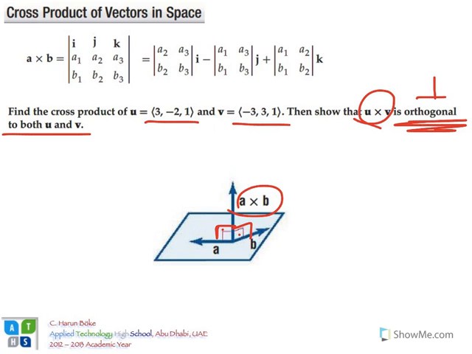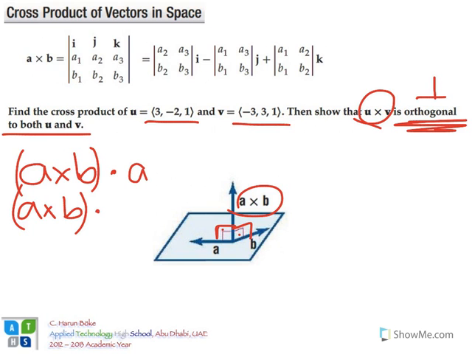How are we going to show it? If we find the dot product of A cross B and A, and separately the dot product of A cross B and B, and if both are 0, then this means A cross B is orthogonal, meaning perpendicular, to both A and B. Of course I have to put the cross product in brackets because we have to calculate the cross product first.